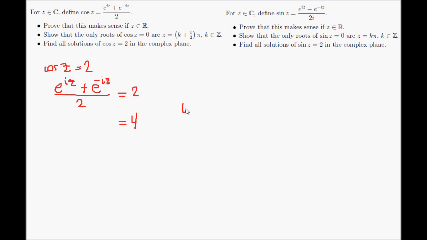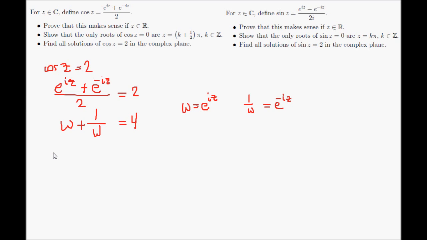Now for the sake of simplicity, let me let w be equal to e to the iz. Then e to the minus iz is therefore 1 over w. And you should verify that if you don't believe me, if you multiply these things together, you get 1.